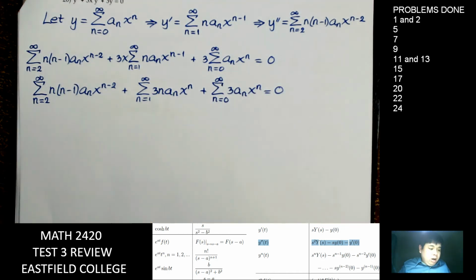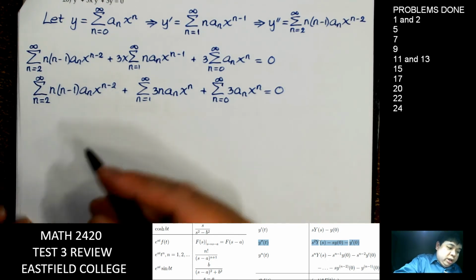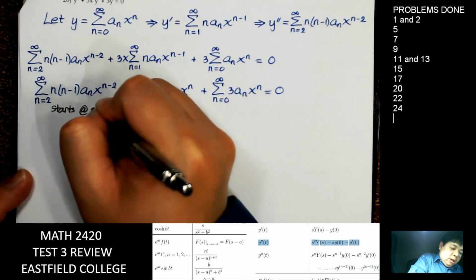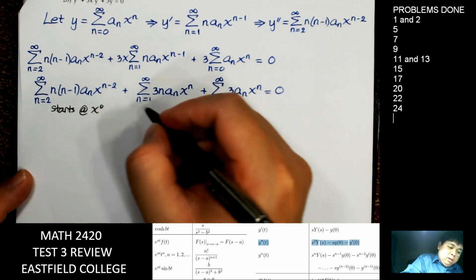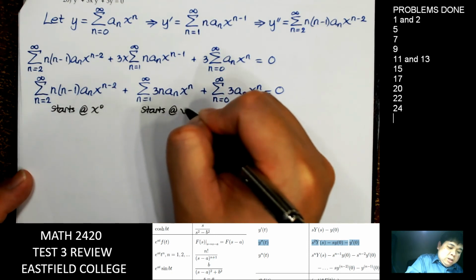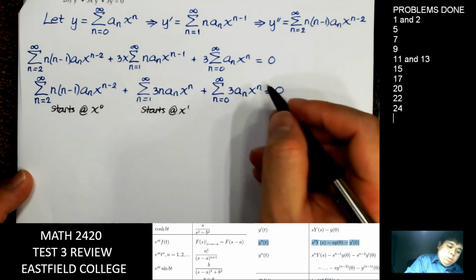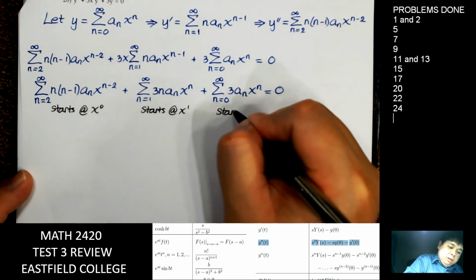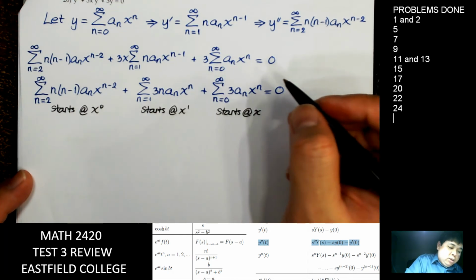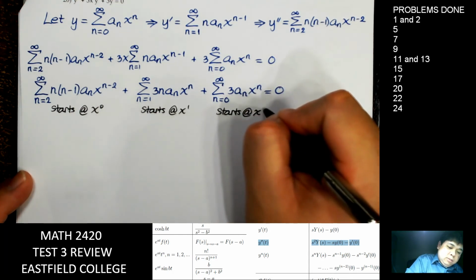Now let's see where those series start. Put 2 in here. This one starts at x to the 0 power. This one starts at x to the first, and this one at x to the 0 power as well.